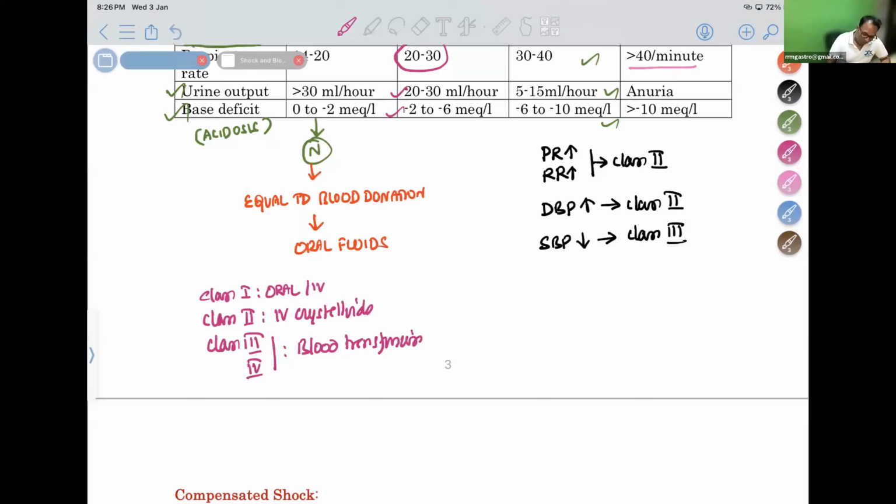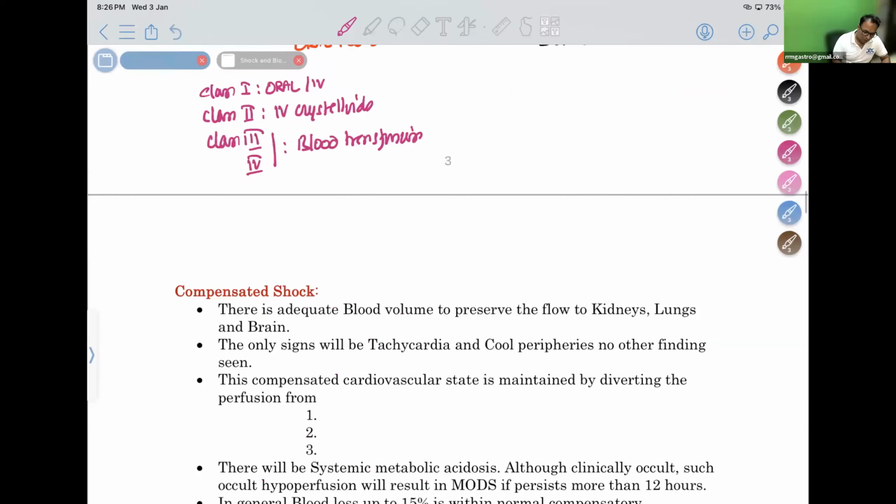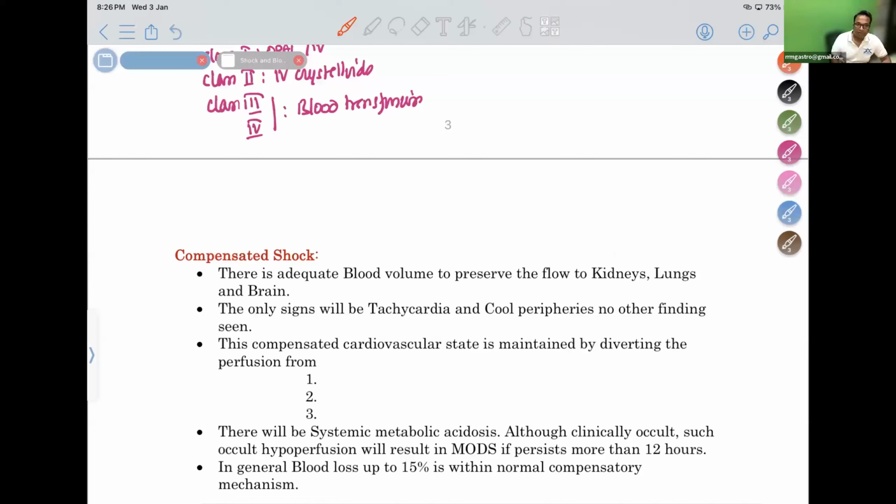So what is compensated shock? Compensated shock is a shock in which there is adequate blood flow to kidneys, lungs, brain. These three essential organs receive adequate blood flow, and the only signs of compensated shock are tachycardia and cool peripheries.